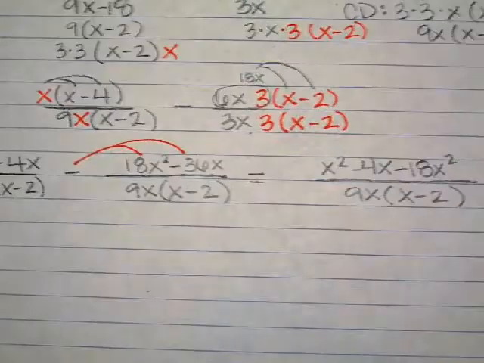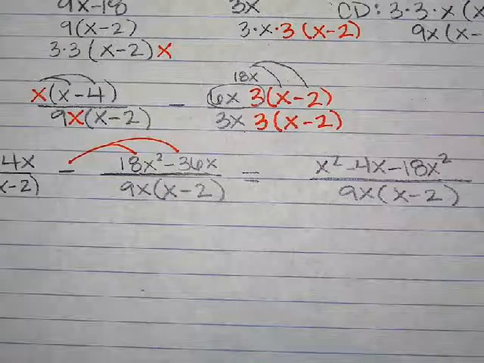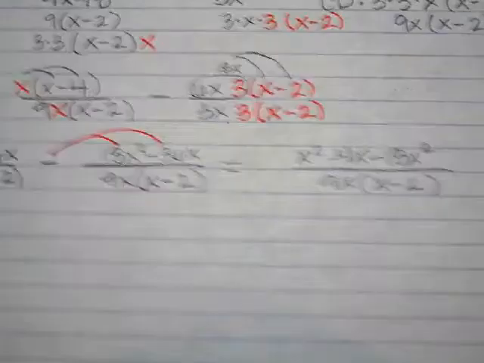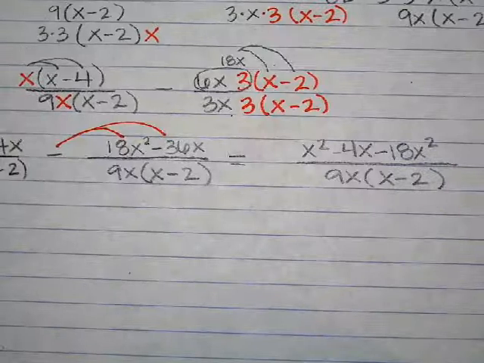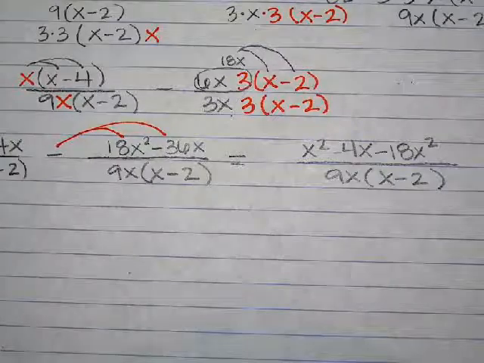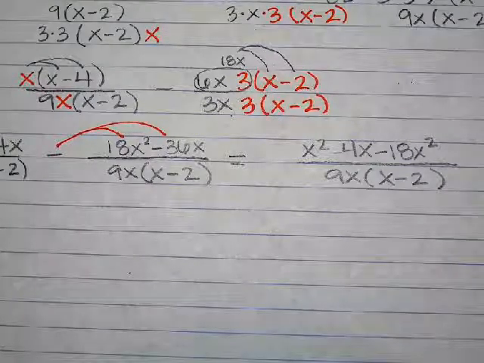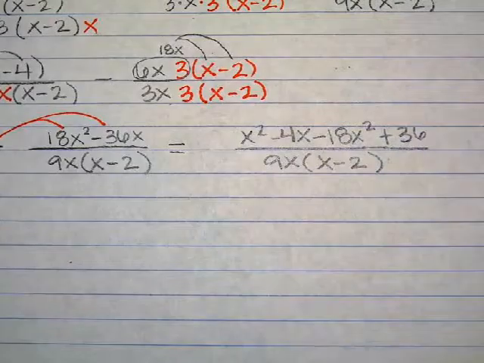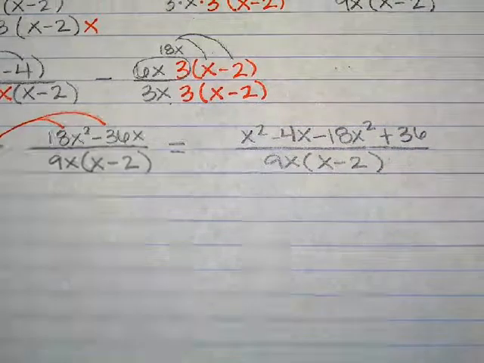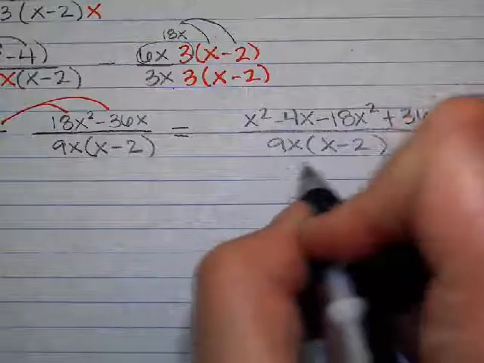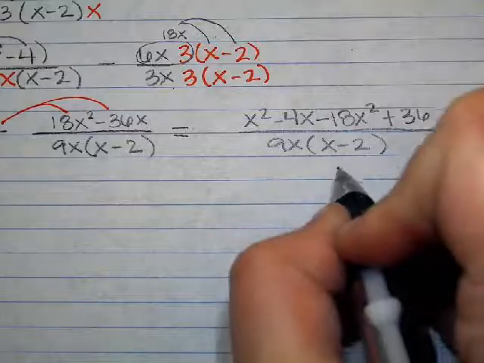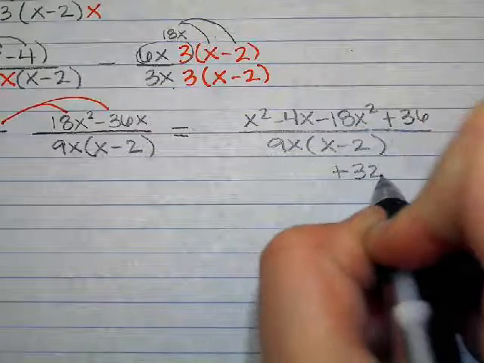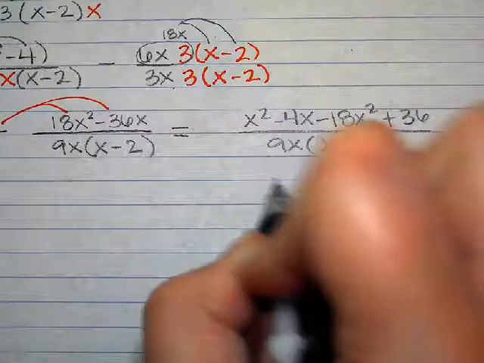And then what would be last? You've already combined like terms before that. Plus 36x. Okay, perfect. And so we know that's plus 32x, right? If you combine the negative 4 and the positive 36.